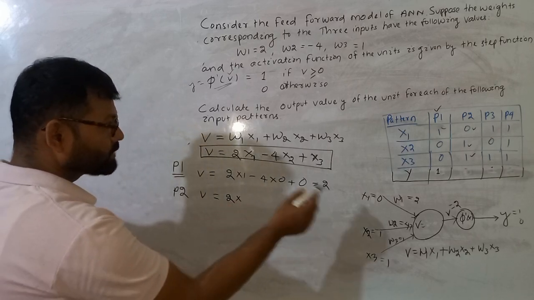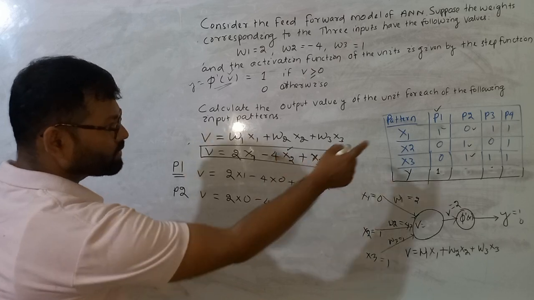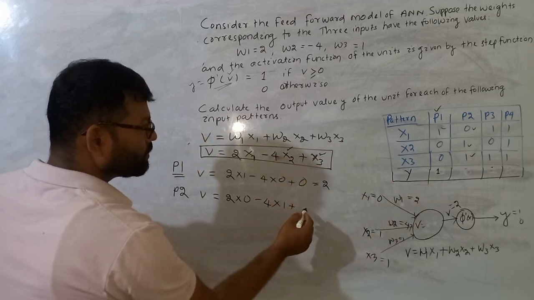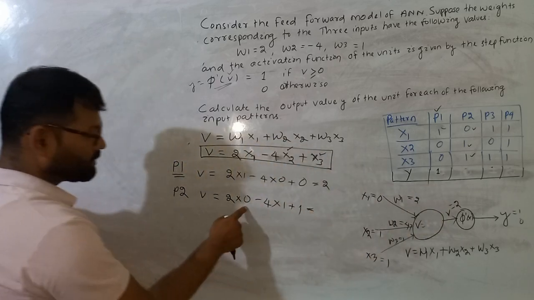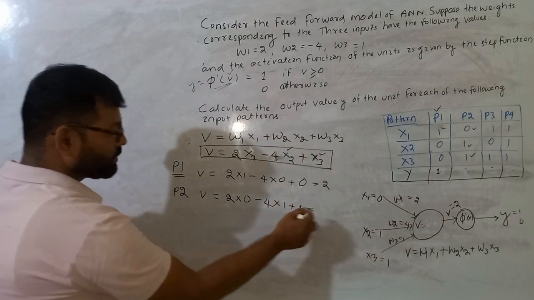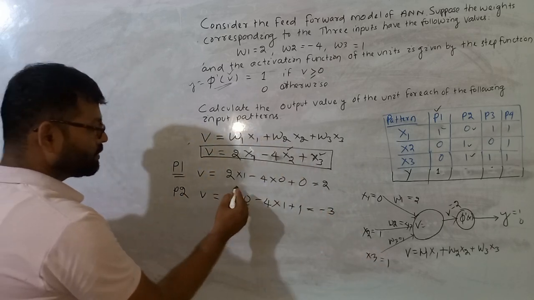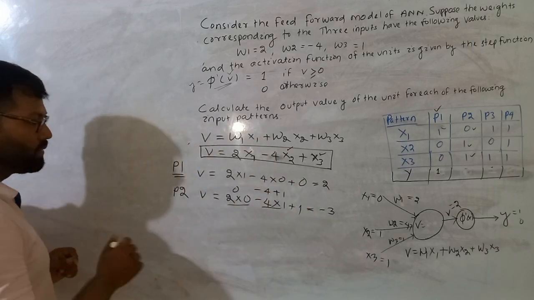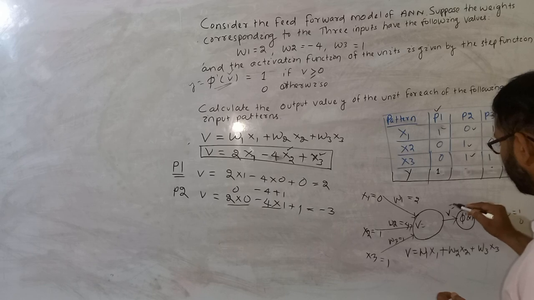So 2 into x1 equal to 0, minus 4 into x2, x2 equal to 1, plus x3, x3 equal to also 1. If I do the calculation, this is 0, minus 4 plus 1, which is going to be minus 3. So now V is equal to minus 3.